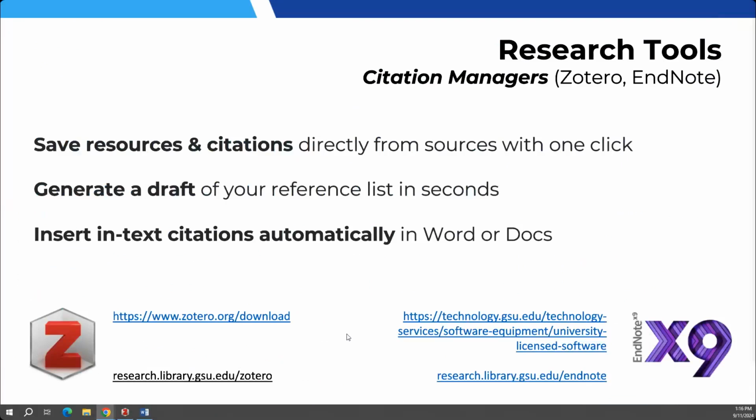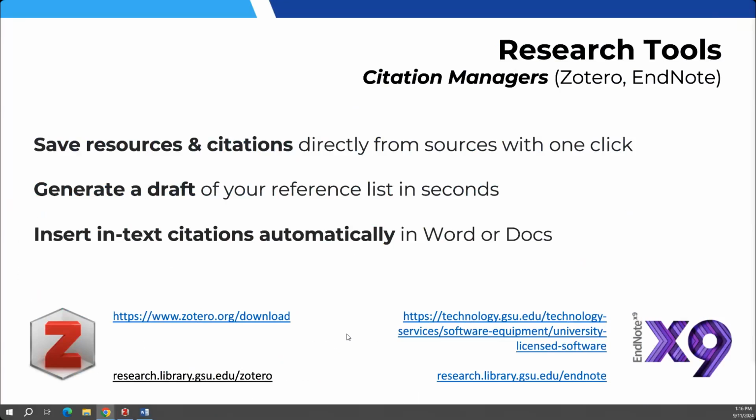The one difference that I would mention about these is between Zotero and EndNote, both do, again, the same kinds of stuff. So not really worried about functionality as much. But if you are doing Zotero, that is free online. So anyone can get a Zotero, it is free. If you're doing EndNote, that is something where you have a free license through GSU. So for you, it's going to be free.